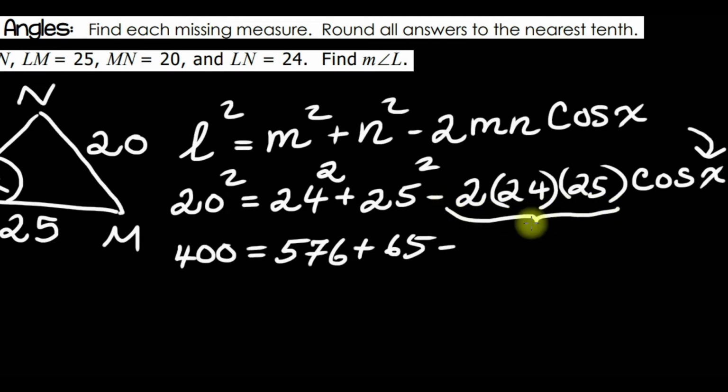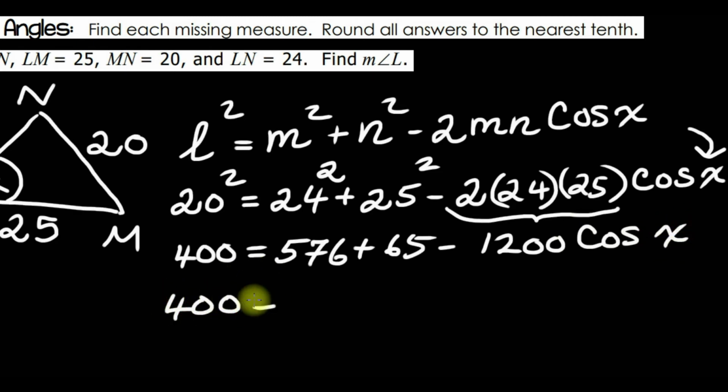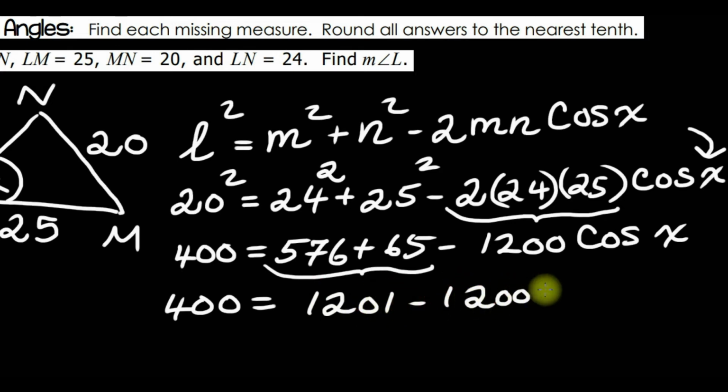So when you multiply those numbers, it's going to be 1200. And then cosine x. So here it's 400, add these two numbers, it's going to be 1201 minus 1200 cosine x.